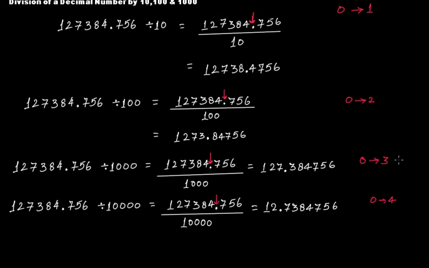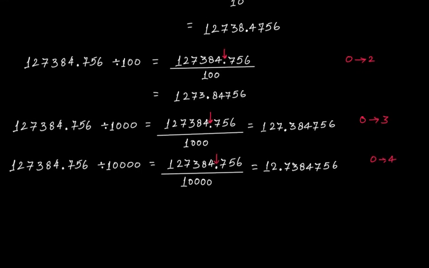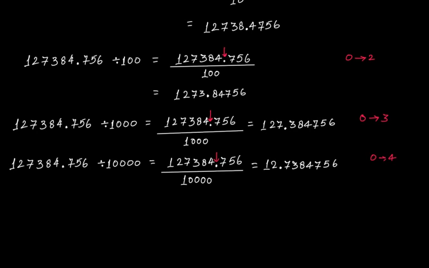It means that depending upon the number of zeros you are dividing any number by, your number will go on decreasing. It's just the reverse of what we get in multiplication. In multiplication our number goes on increasing, becoming larger and larger depending upon the number of zeros you are multiplying that number with.